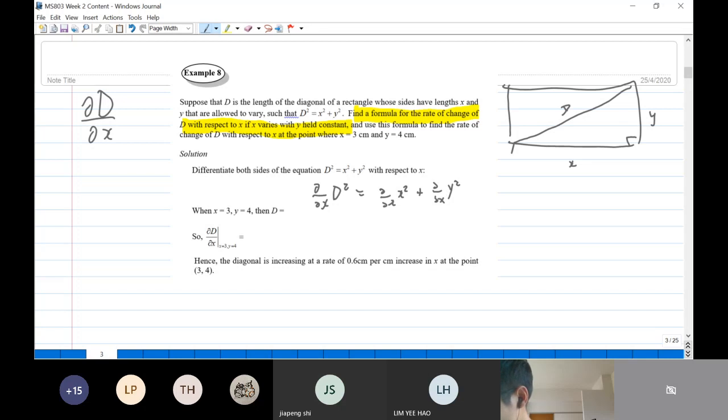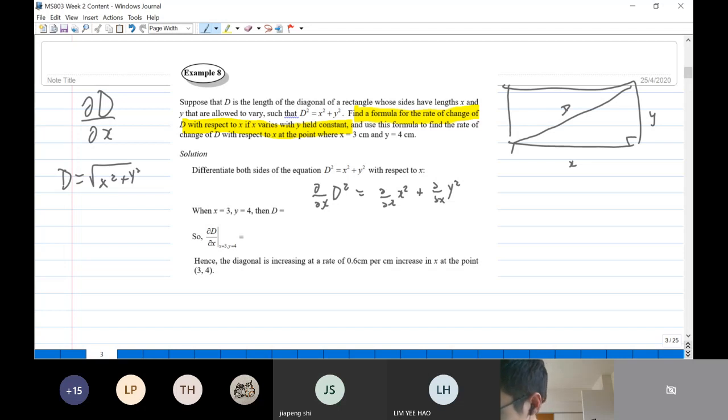Another way is that d equals the square root of x squared plus y squared. Then you have the power of x squared plus y squared, a square root power, which makes things a bit difficult here. Later on I will show you how to differentiate with respect to a square root.